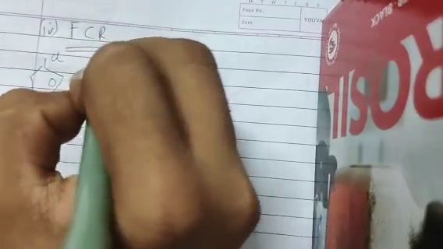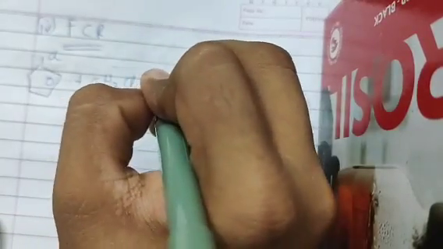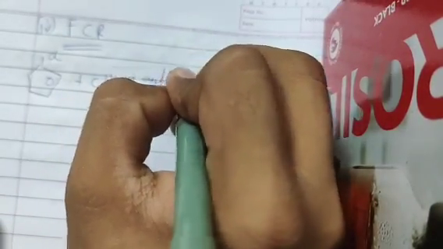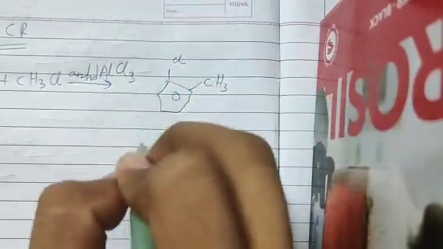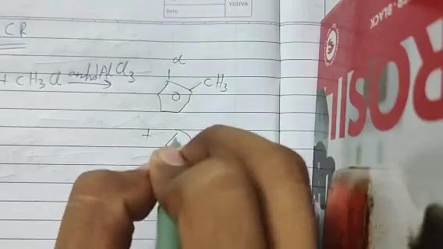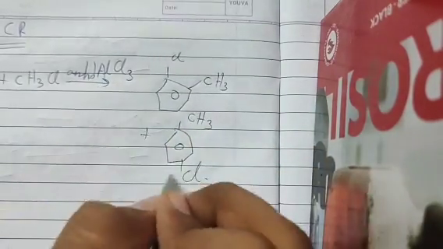I am taking my haloarene, chlorobenzene, and reacting it with CH3Cl in anhydrous AlCl3 or else FeCl3. So what am I getting? I am getting 2-chlorotoluene and 4-chlorotoluene. This is major.